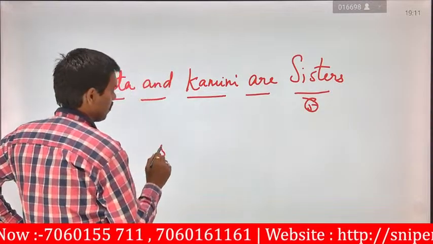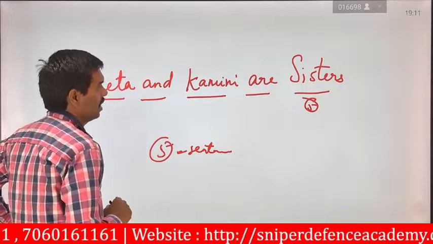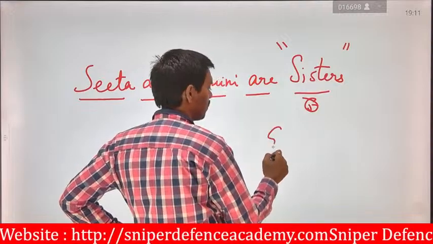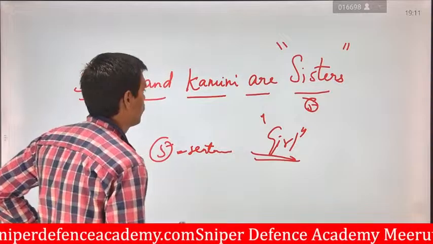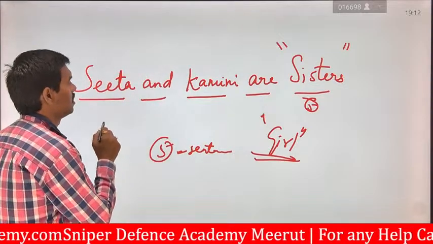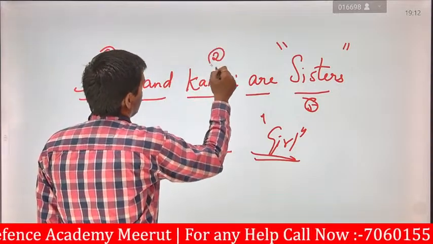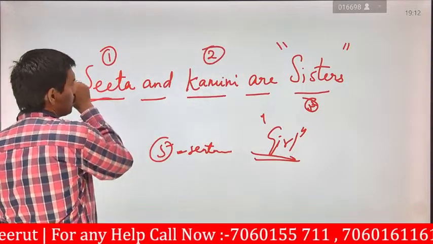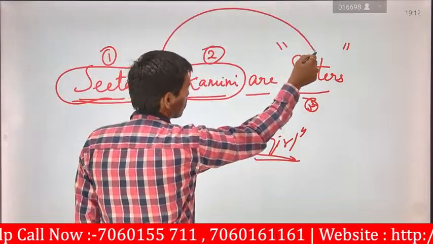Based on the five words we are going to form the sentence. Here sisters is given. Sisters means it will be represented in terms of girls. The girls have been given in the question, so it has been identified. What is the name of the girl? The first girl is Sita. The second girl is Kamini. The combination of these two girls represents sisters.